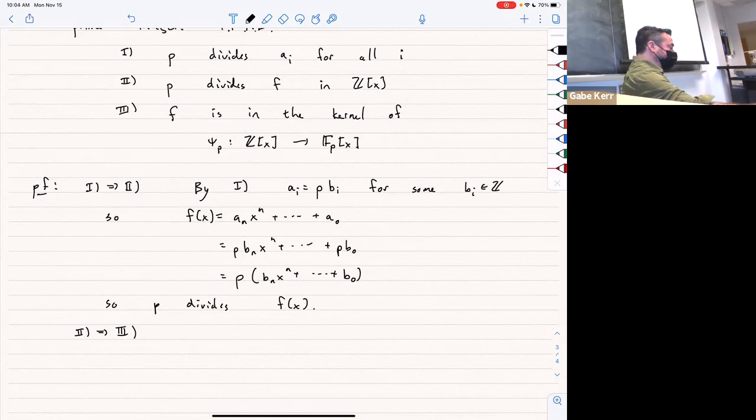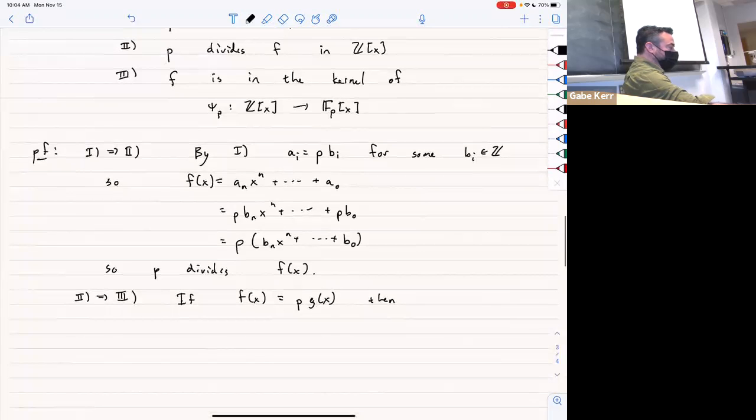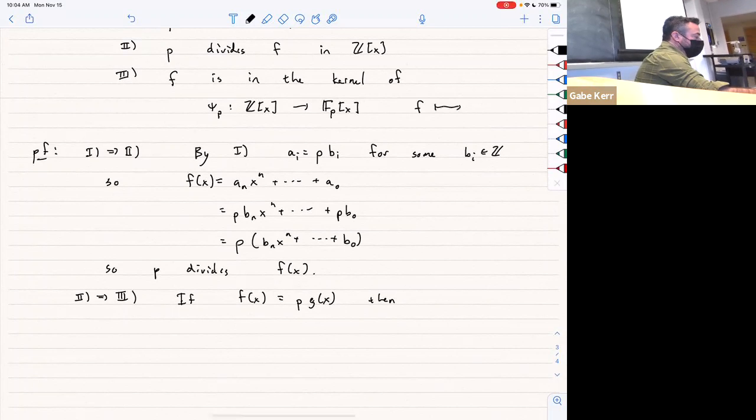Right, very good. So if f, let's write it out though. F of x equals p times g of x. Then, okay, so this function has notation. If I have f sent to, you put like a bar over it, just to note that that's its image in here.